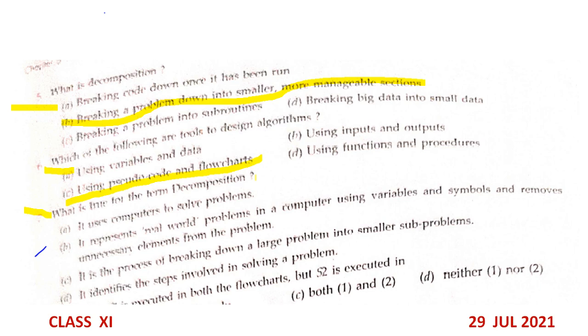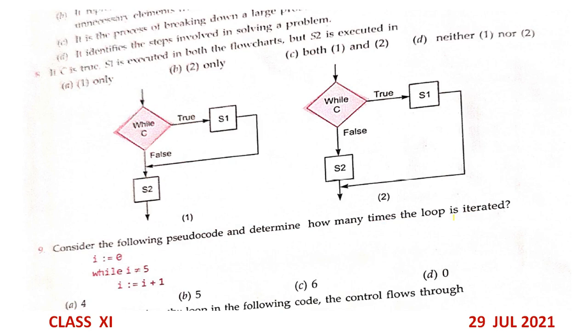No. It is the process of breaking down a large problem into smaller sub problems, or it identifies the steps involved in solving a problem. The most appropriate answer will be C, that is, it is the process of breaking down a large problem into smaller sub problems. Let us move to question number 8.